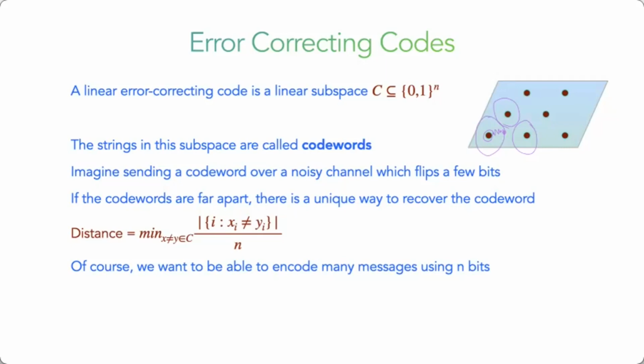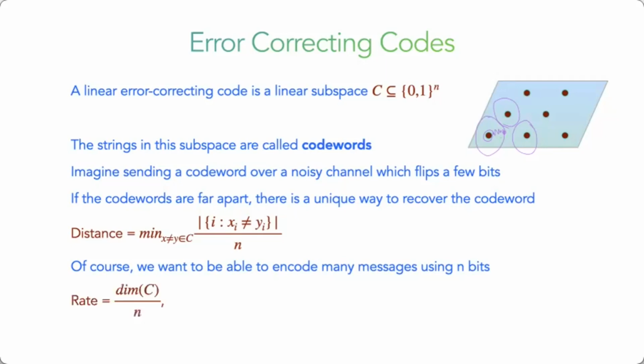For example, if the code is a linear subspace, it's not as if you can invert the matrix, apply it to the noisy code word and expect something to come out, because when you multiply some vector with a matrix, you get something. Now you add some noise and you invert, who knows where you will get. So this is the problem of decoding, and it's very, very well studied.